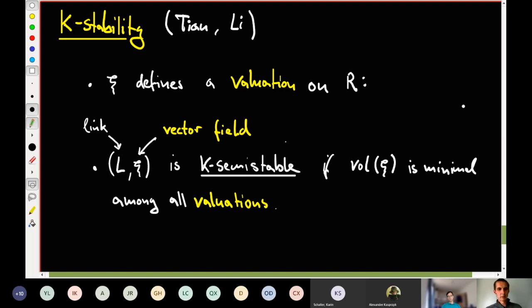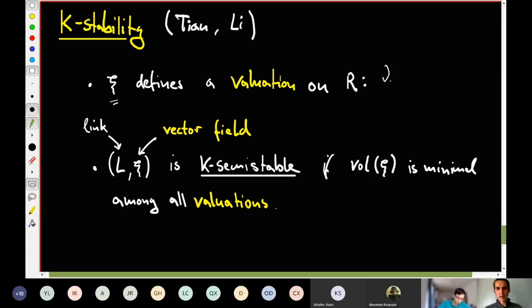Let me first give the idea behind k-stability in terms of what we have seen before. The first observation is that our choice of psi, which we in the meantime interpreted as a vector field, also has an algebraic interpretation: it defines a valuation on our ring.